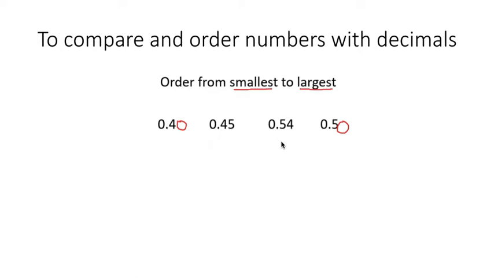Then we can compare these ones to see which one is next smallest and which one will become the largest. We've got 0.54 and 0.50. They both got 5 tenths, but this one has more hundredths. So 0.5 will come next and 0.54 will be the largest. Again, it doesn't matter if I've left the zeros on these. It just means there is nothing in that place.